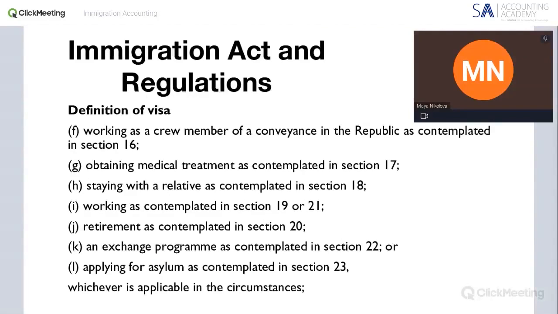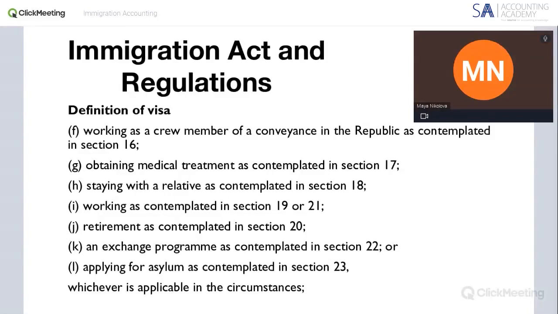The definition of visa is again defined in the Act as working as a crew member of a conveyance in the Republic, obtaining medical treatment, staying with a relative, working as contemplated in Section 19 or 21, retirement, an exchange program, applying for asylum as contemplated in Section 23, whichever is applicable in the circumstances.